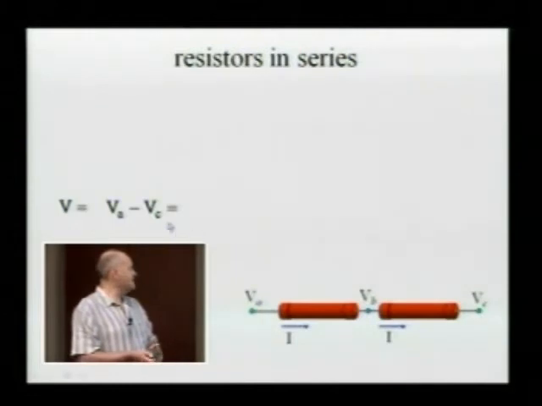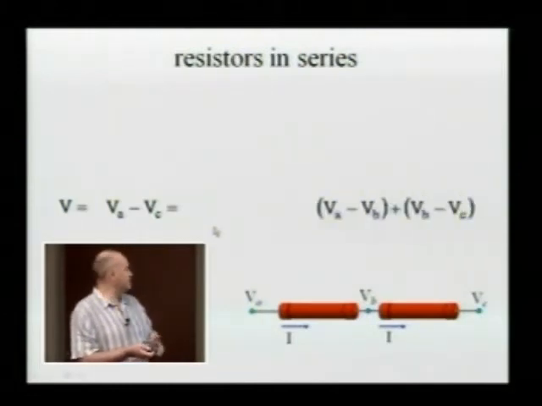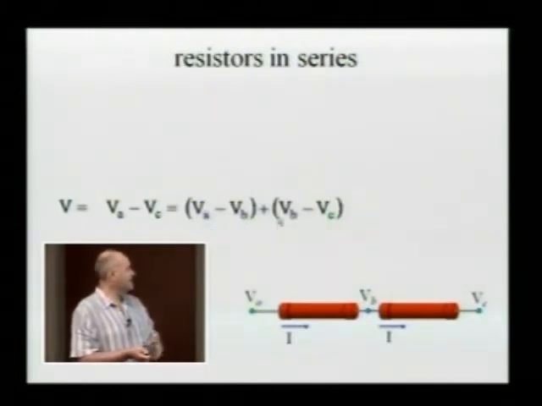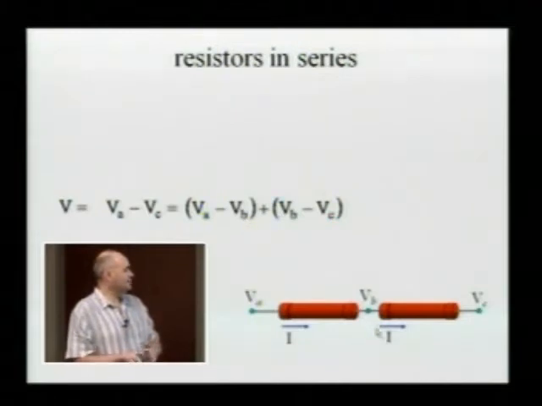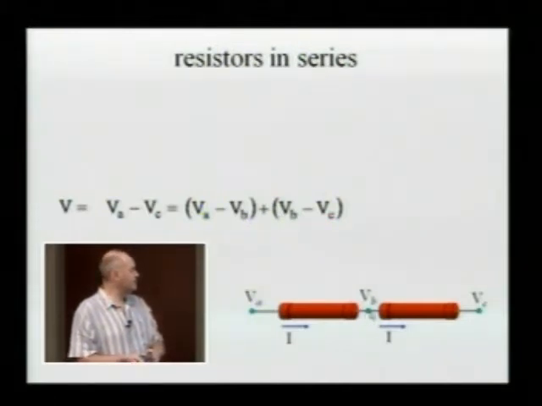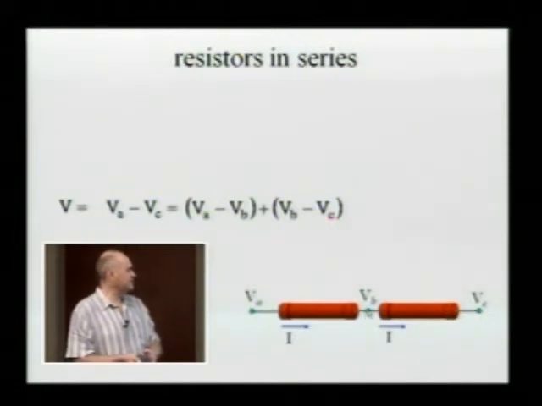Now I can make a mathematical trick over here by adding and subtracting potential at a point in between the two resistors. I mean, these two add up to 0. So indeed, this is true.